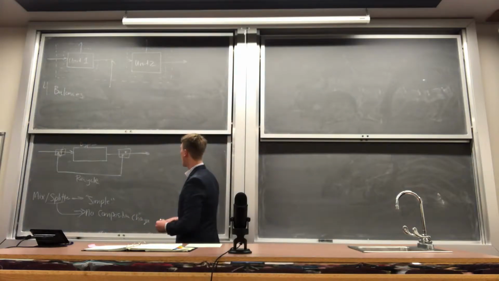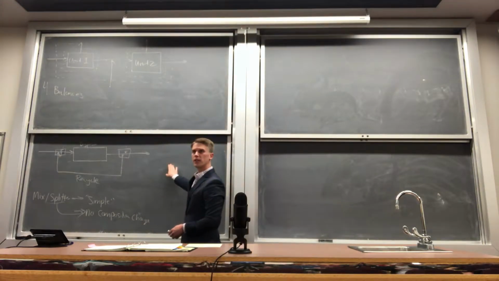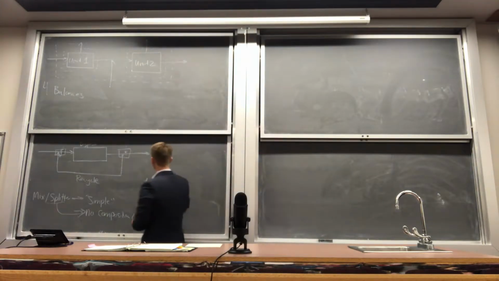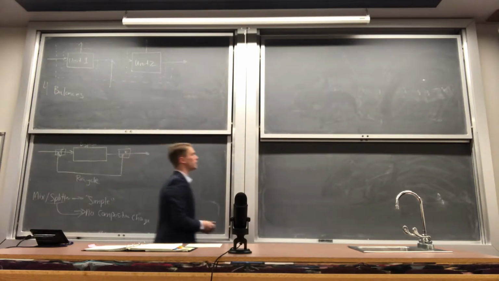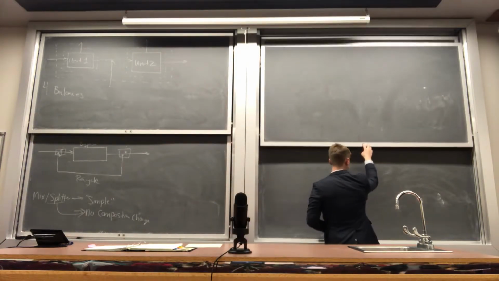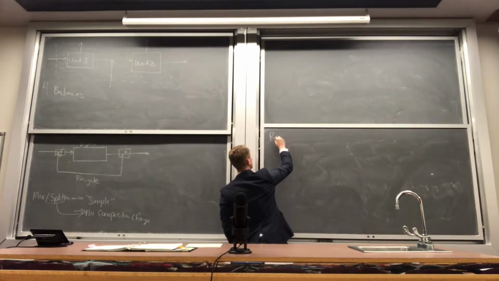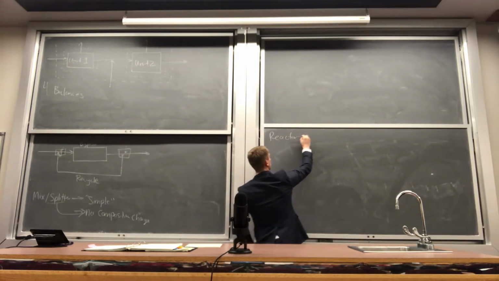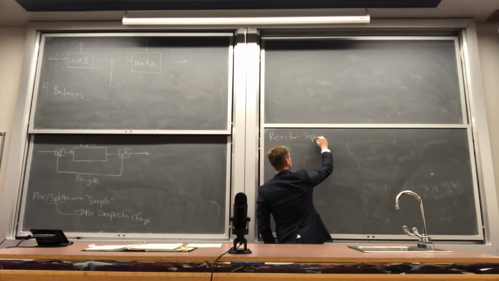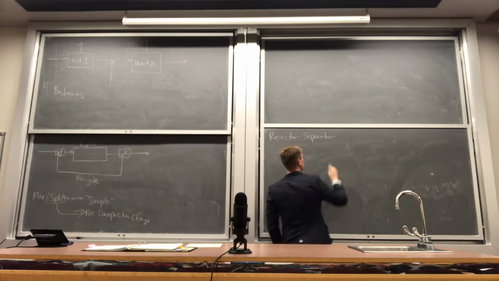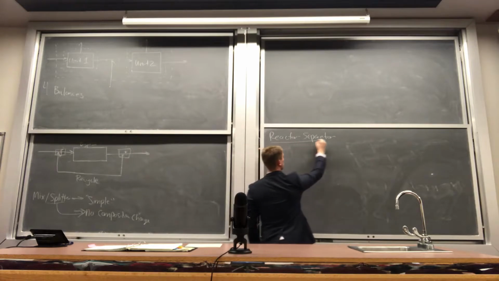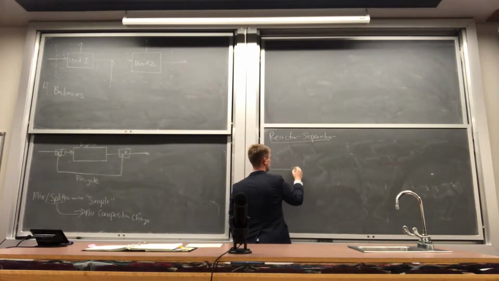So one of the most common unit operations that we're going to see in this class is a reactor separator. Let me write this out big so that everyone has a view. We're going to be spending a lot of time working with reactor separators as soon as we start doing chemical reactions.